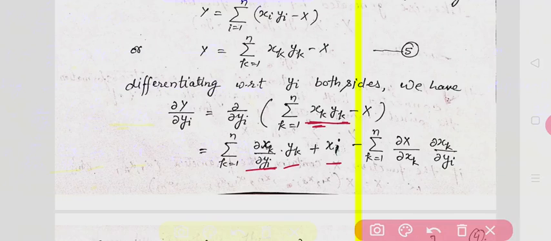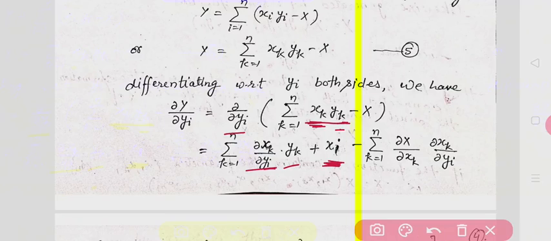For k equal to 1, 2, 3 and so on, ∂y1/∂yi becomes 0, so that part will be 0. ∂y2/∂yi becomes 0. All the derivatives become 0, but ∂yi/∂yi becomes 1, so the yi coefficient will be xi.